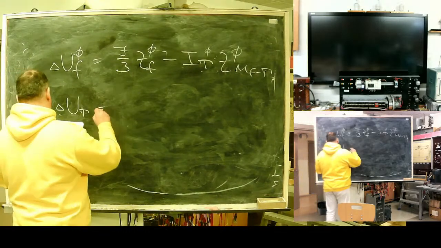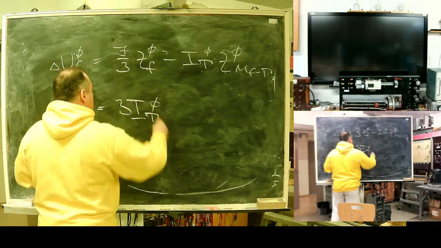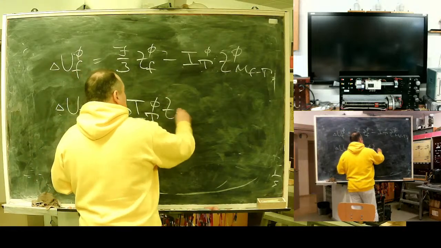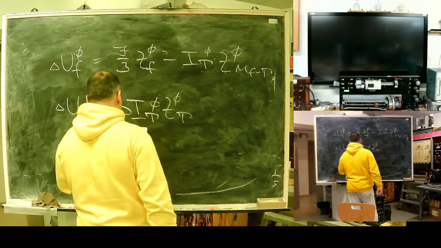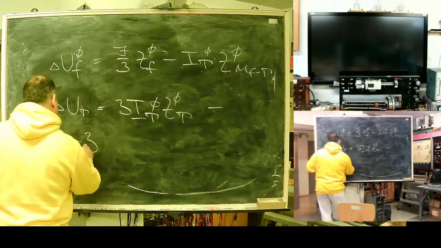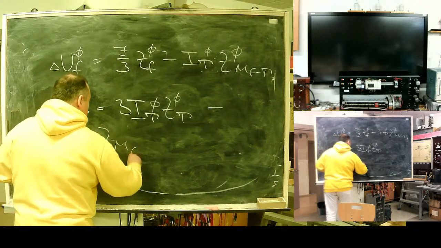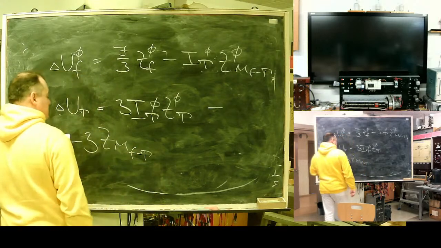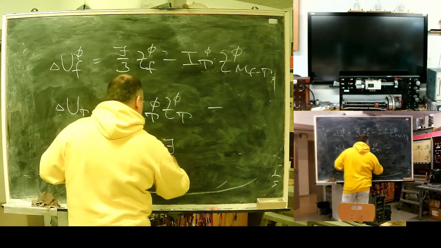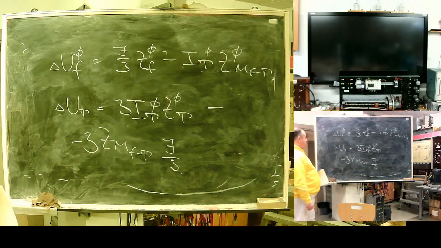It will be triple zero sequence current in our cable multiplied by zero sequence resistance of our cable minus triple mutual resistance between phase and cable multiplied by 1/3 of current.